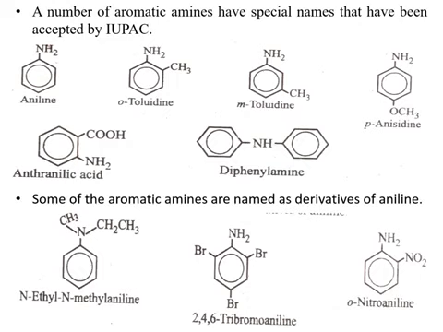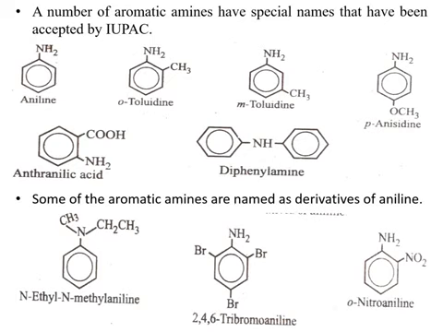Some of the aromatic amines are named as derivatives of aniline, like N-ethyl, N-methyl aniline, because in aniline, as you can see in the first example, nitrogen is attached to hydrogen atoms.